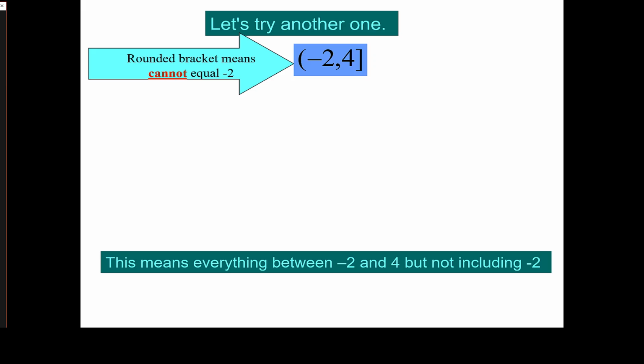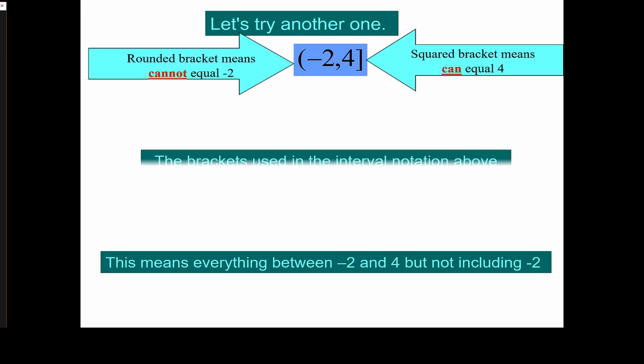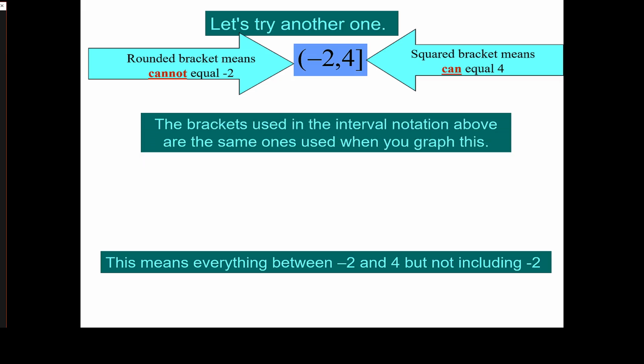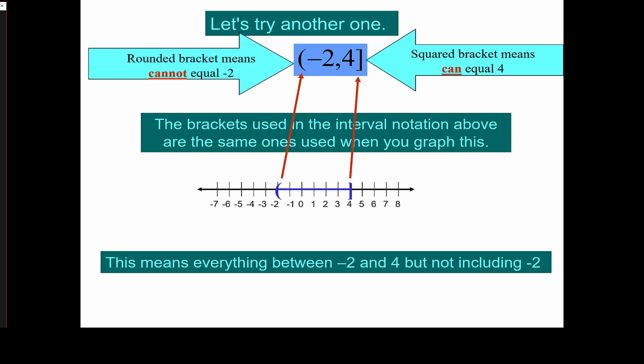Rounded bracket means it can't equal -2. Squared bracket means that it can equal 4. The brackets used in interval notation are the same ones used when you graph this. There's your open parentheses, and there's your bracket there.